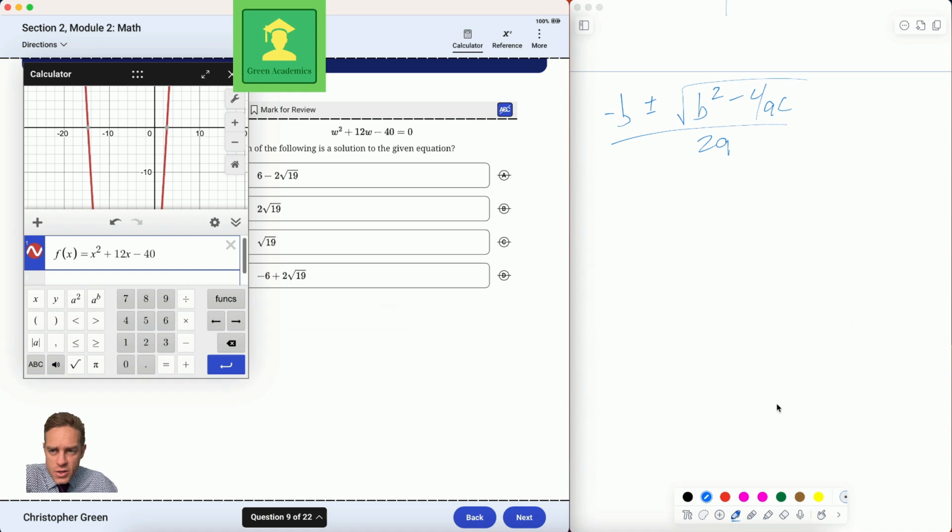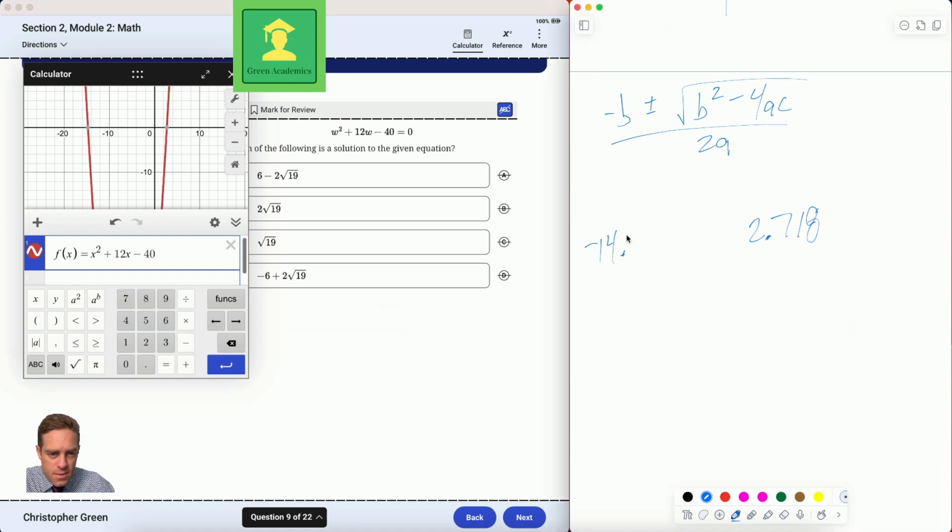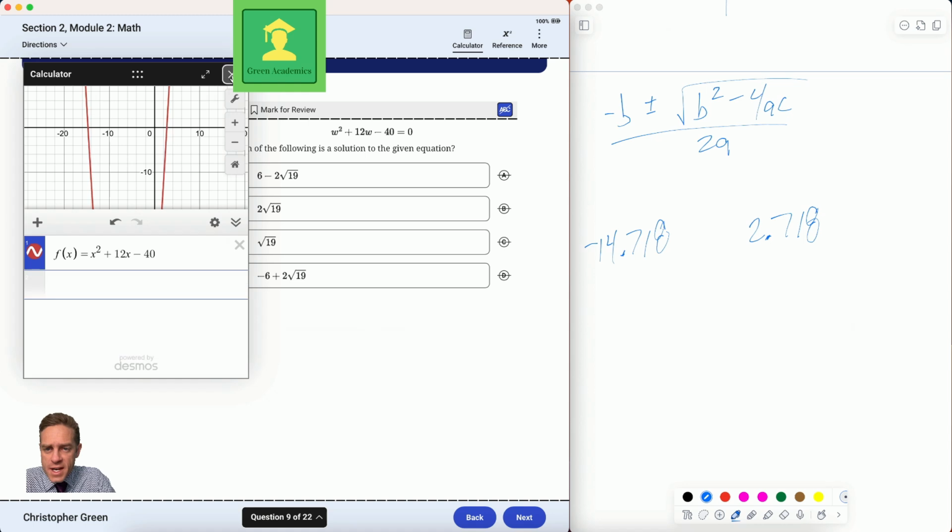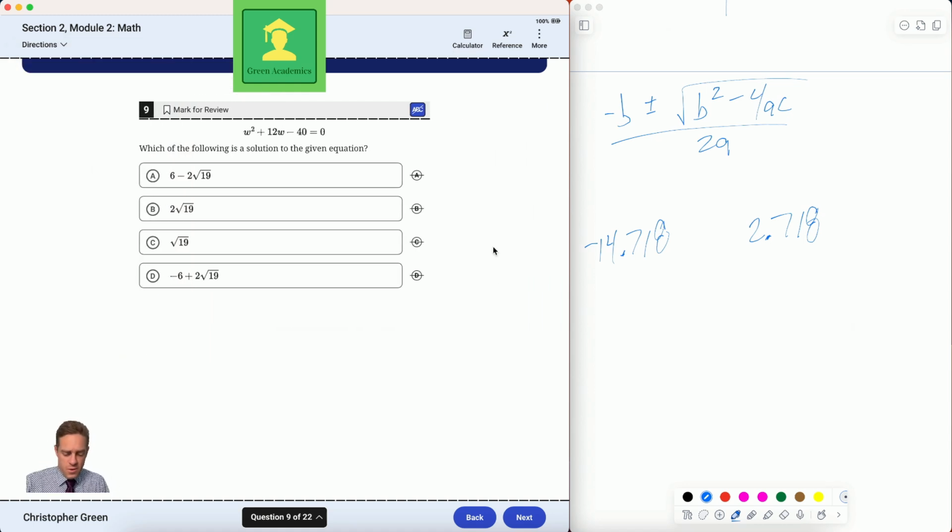So it's 2.718 and negative 14.718. And then I would just try these one at a time until you get one of those, if you want to do it the Desmos way.